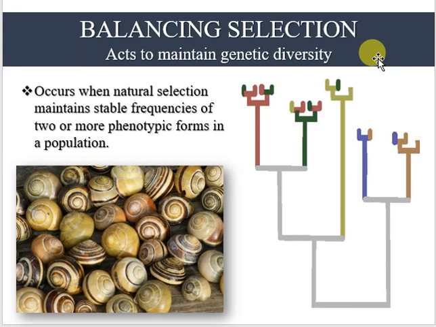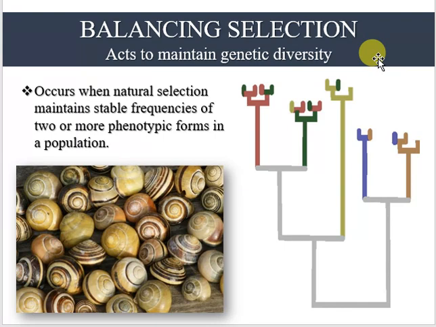So it maintains, again, multiple phenotypes, and it maintains them all at equilibrium, and by doing so, it functions to conserve genetic polymorphisms. It helps to preserve genetic diversity within a population's gene pool.